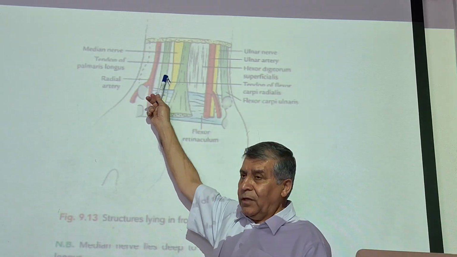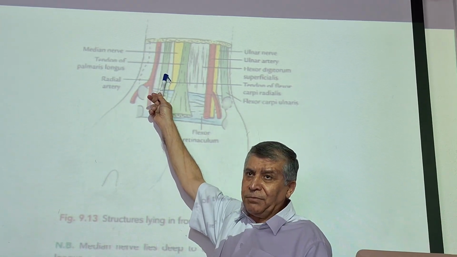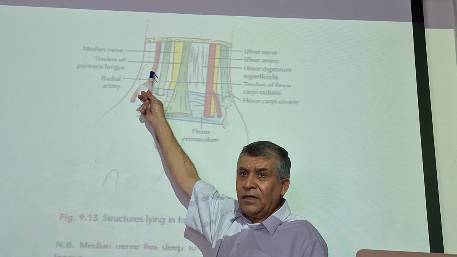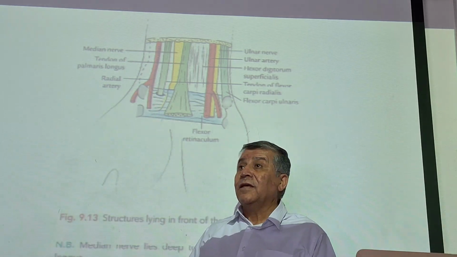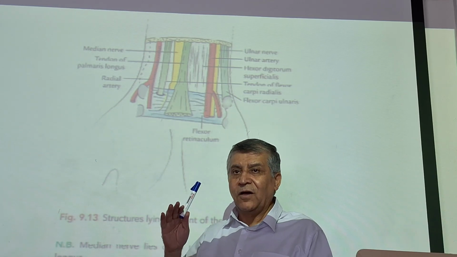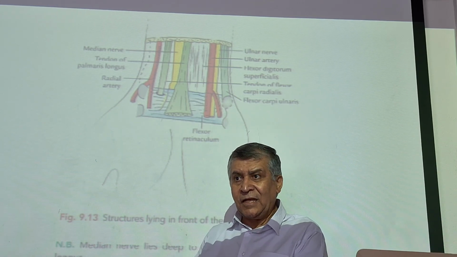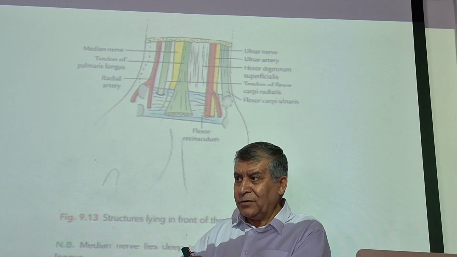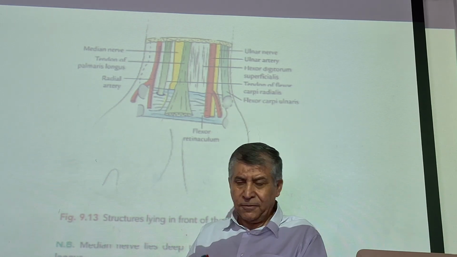Lateral to flexor carpi radialis, you can see the radial artery. You cannot see the radial nerve because the radial nerve is behind, posterior. Okay.